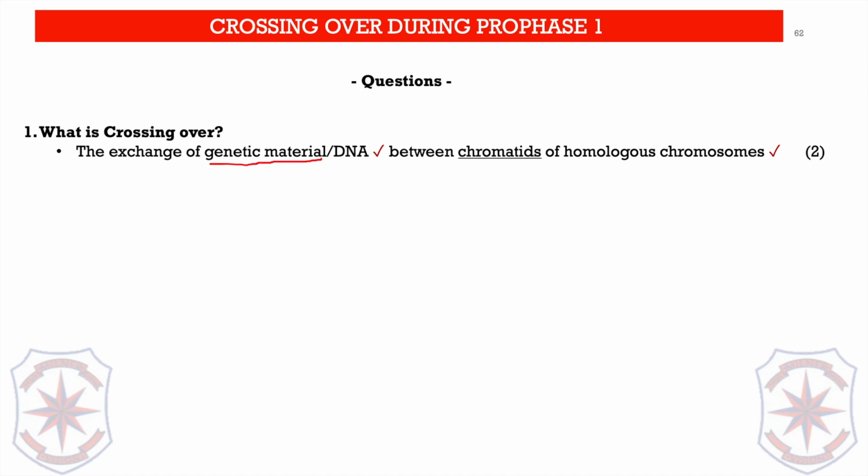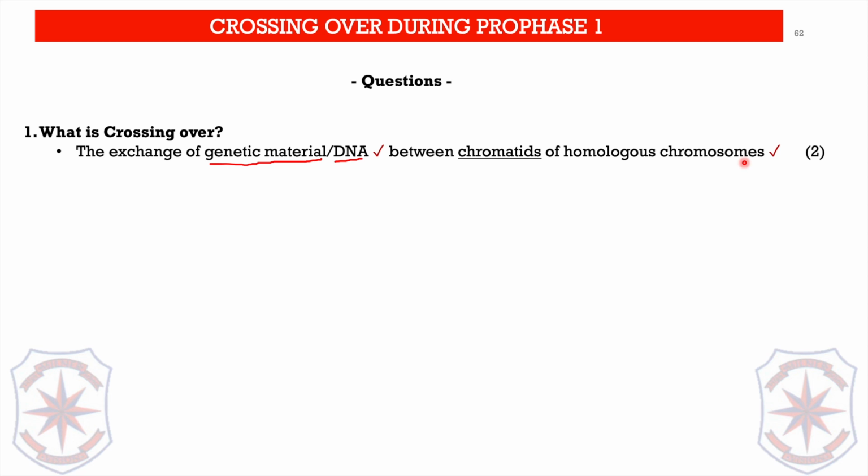If you don't want to say exchange of genetic material, you can say exchange of DNA, because DNA is the genetic material of the cell, between chromatids of homologous chromosomes.